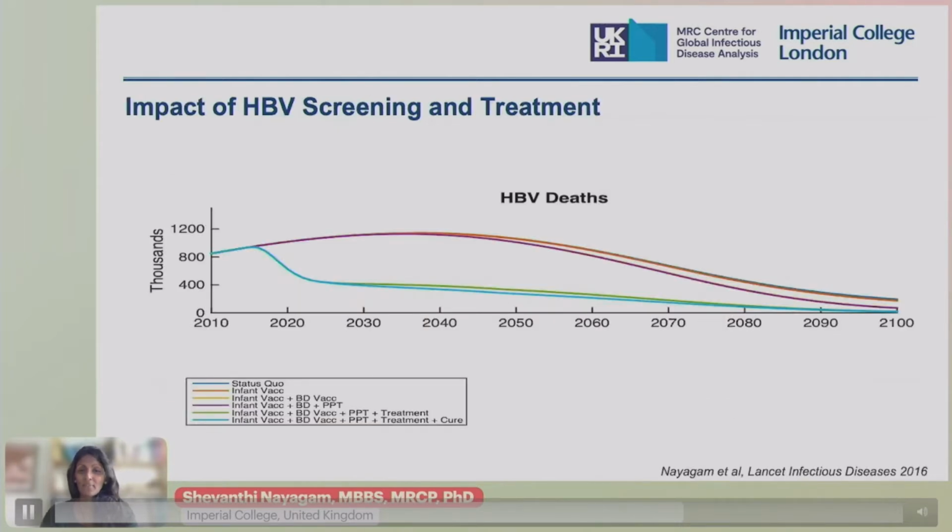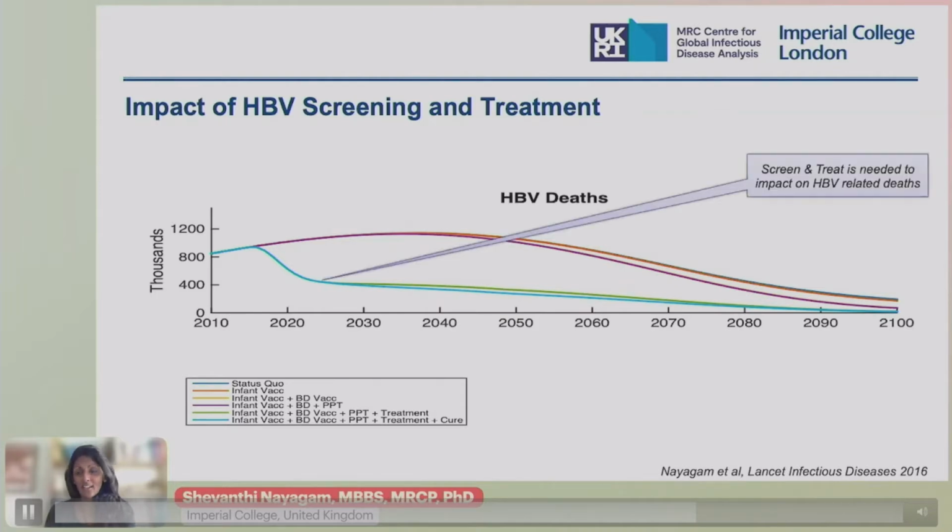Now I've focused mainly about modelling of prevention and PMTCT interventions, which is actually where the majority of the studies lie in the region. But I'm just going to also cover briefly the impact of hepatitis B screening and treatment.